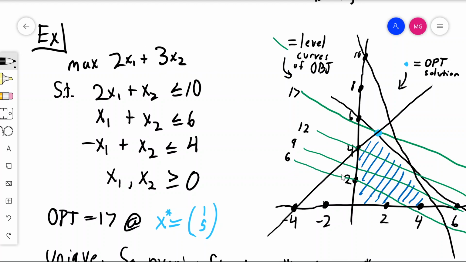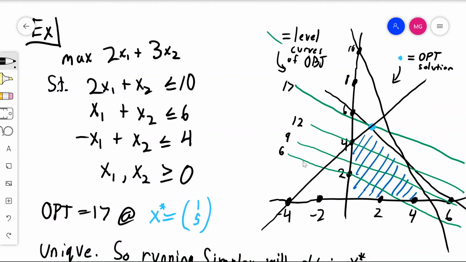So for this green line at the bottom here, for instance, when you take any point on that green line and you plug it into the objective function, you will get 6 as the output value. So I've labeled this green line with a 6 for the output value that all of these points give you. For instance, 0, 2 is on that line, and when you plug 0, 2 in, you get 2 times 0 plus 3 times 2, which is 6. But it's not just for that point, it's for any point on this green line. It's a level curve in the sense that all the points on this curve, or line in this case, give you the same output value.